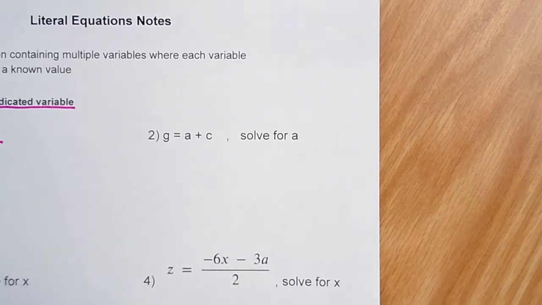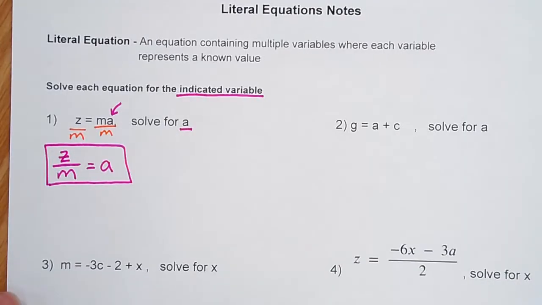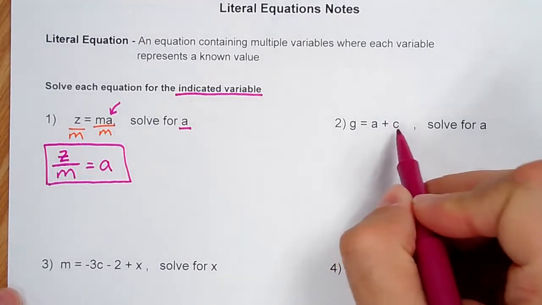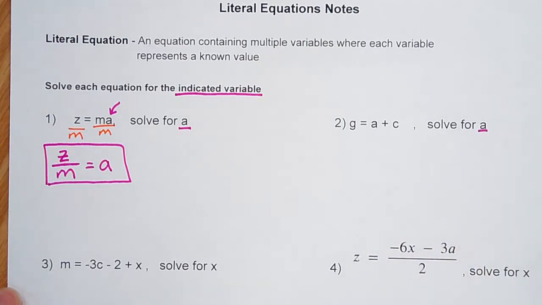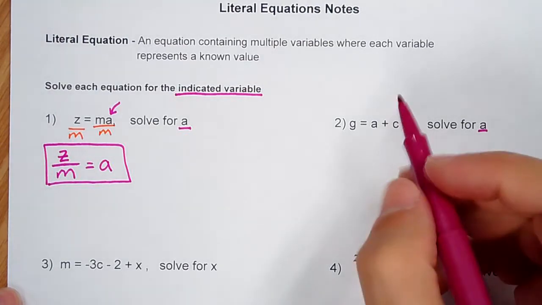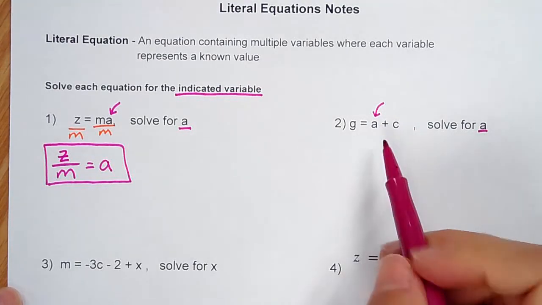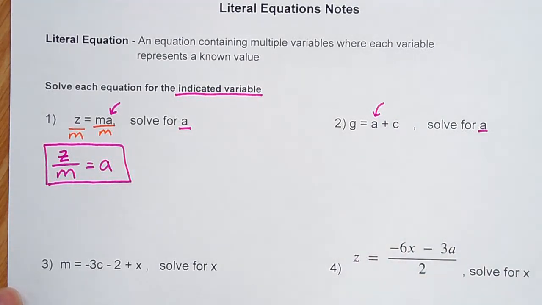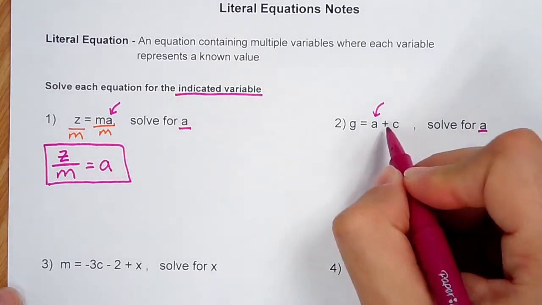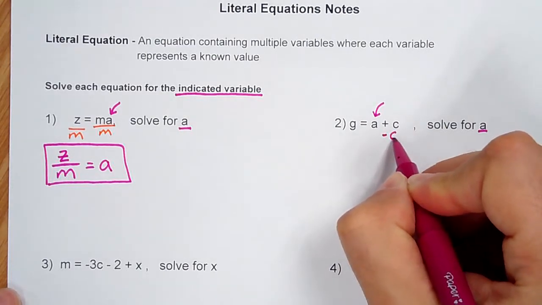In 2, g equals a plus c, solve again for a. So if I were to solve this, I want a by itself, which means I have to undo adding c. Well, to undo adding c, I have to subtract c.